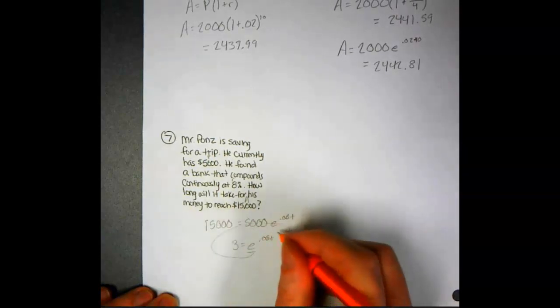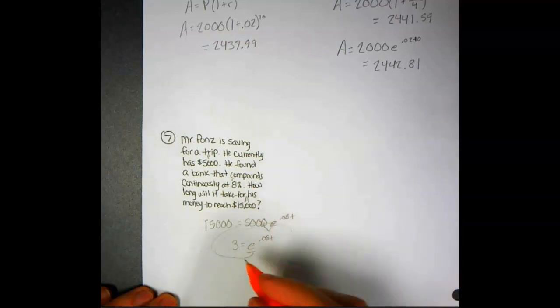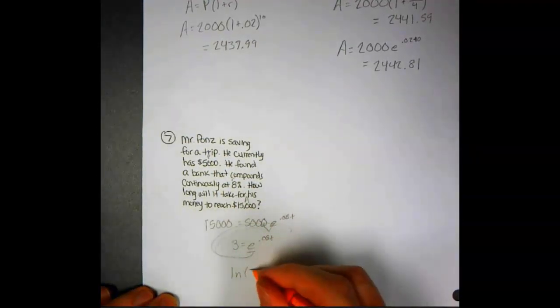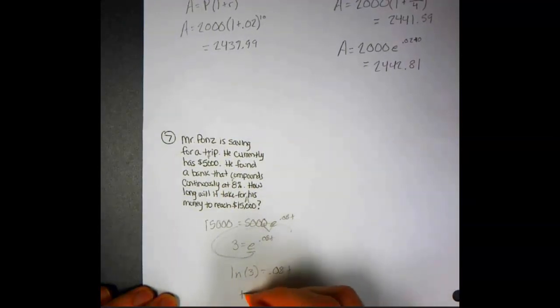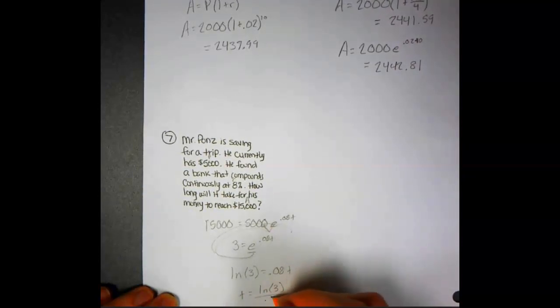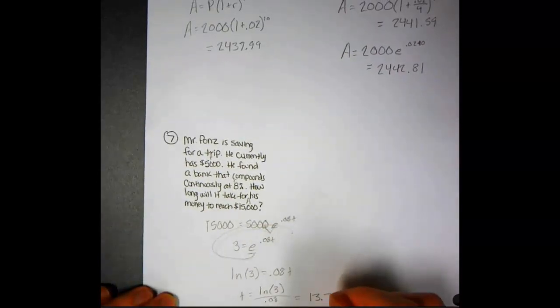We'll do our log snail. And we'll have natural log of 3 equals 0.08t. So t is going to equal the natural log of 3 divided by 0.08, and that will equal 13.73.